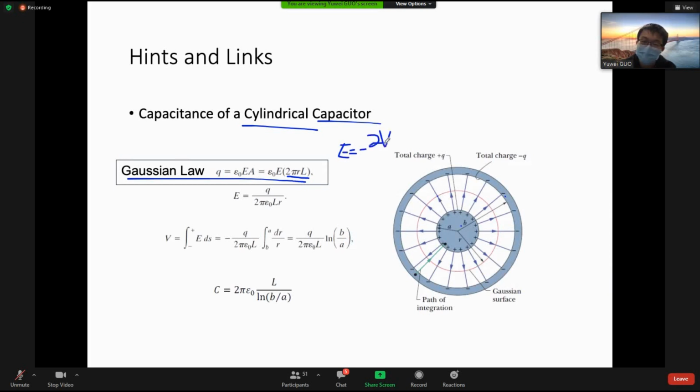And the equation we have introduced in the first example, that E equals minus the gradient of V, the differential of the potential with the direction. So here we can use the integration expression to get the potential.